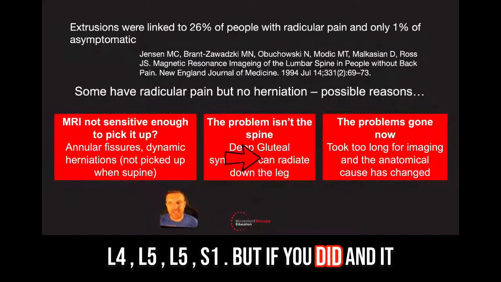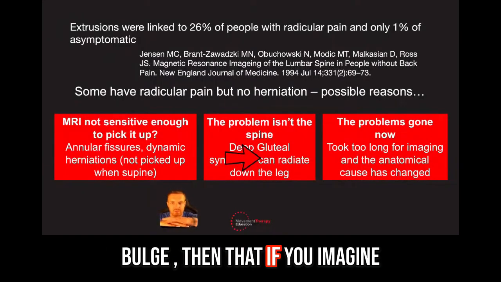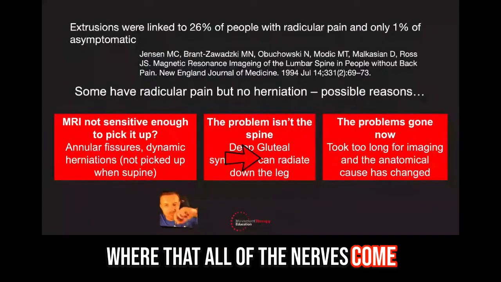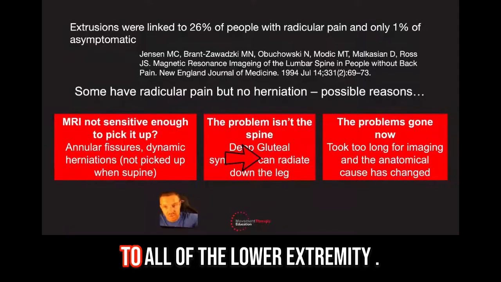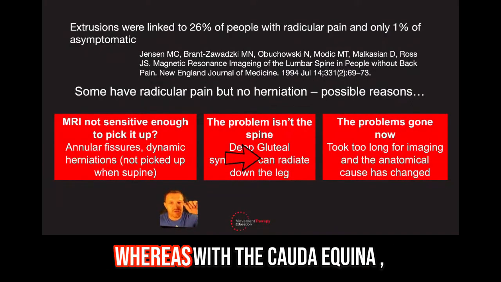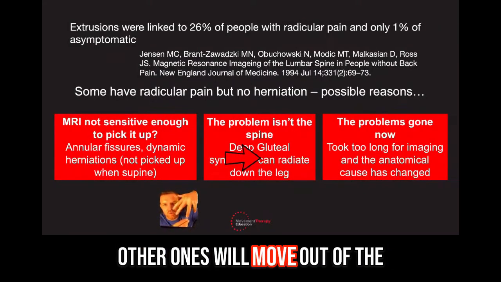But if you did, and it was a central bulge, then if you imagine where all of the nerves come out from that area, that would cause widespread disruption to all of the lower extremity. Whereas with the cauda equina, because it's like a horse's tail, it may only impact a couple of the nerves because the other ones will move out of the way.